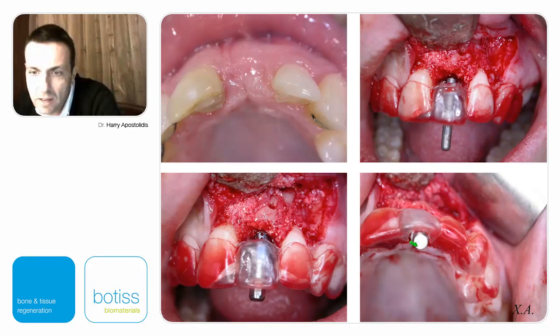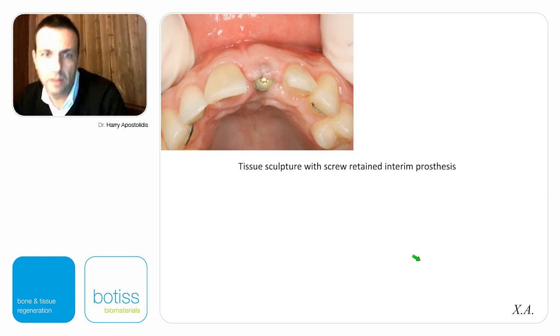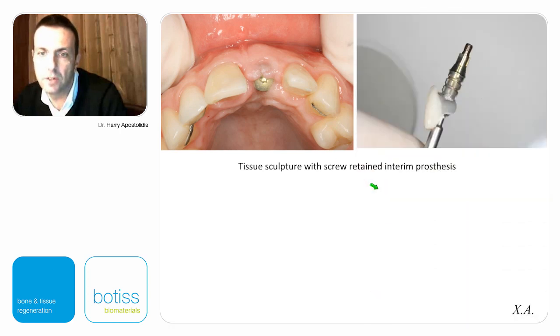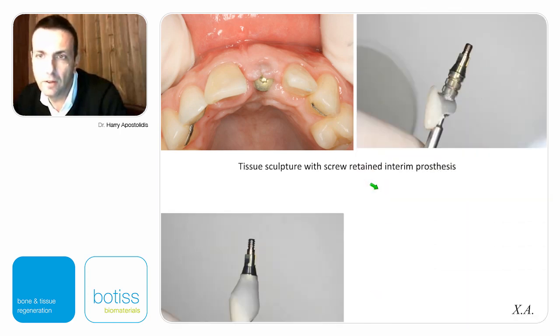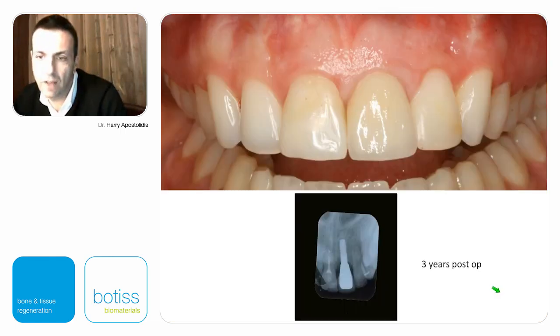Correct prosthetic implant position and the tissue sculpting with a screw-retained interim prosthesis after second stage surgery, okay? Not before augmentation surgery. We can go from that to have a nice emergence profile. And that's 3 years post-op. That's another answer to whoever says that blocks don't work, okay?